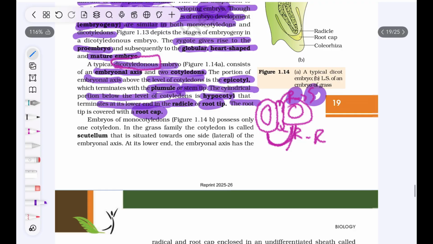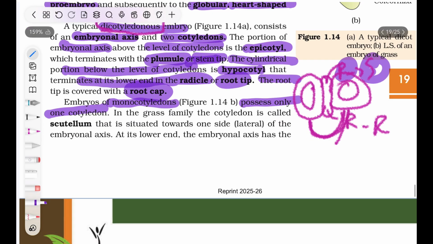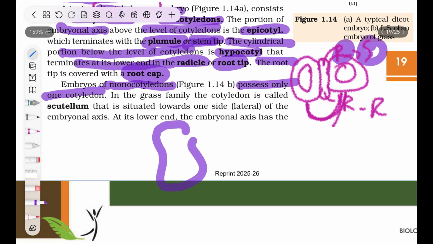Okay, this is the structure of a dicotyledonous embryo. Now we come to the monocotyledon embryo. It possesses only one cotyledon. Monocotyledons belong to the grass family and contain a cotyledon called the scutellum.